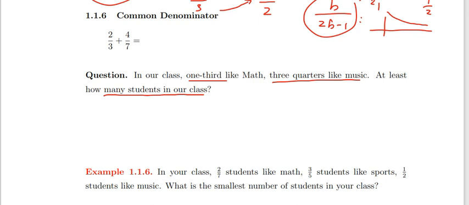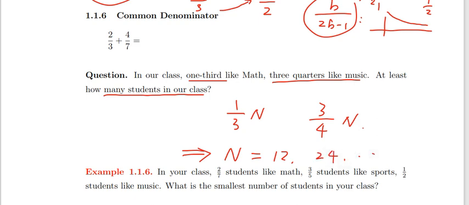Suppose the total number is n. 1/3 of the total is 1/3 n, and 3/4 is 3/4 n. Because these are integers, the smallest n should be 12, right? This n could be 12 or 24. So the smallest n is 12, right?